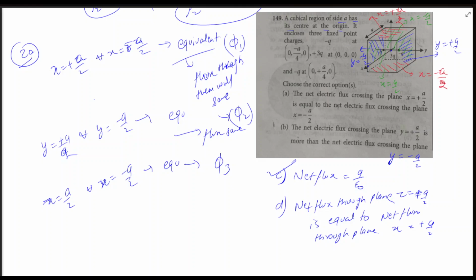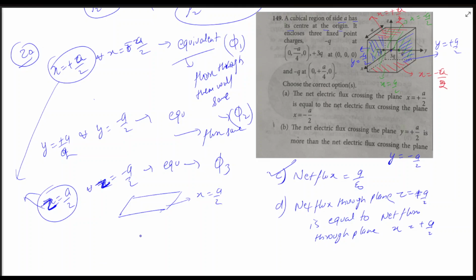Now look at this plane, x equals a by 2, and this was z, sorry, my fault. The planes z equals a by 2 and x equals a by 2, for these two planes the placement of charges is exactly equivalent. Let me show you. This is our plane x equals a by 2, this is z equals a by 2.